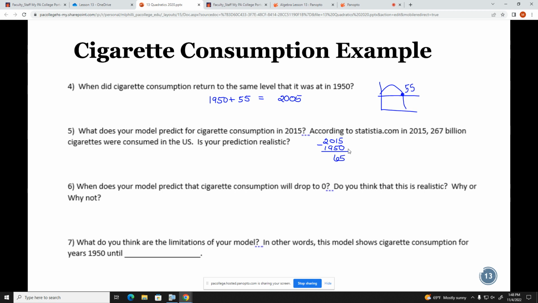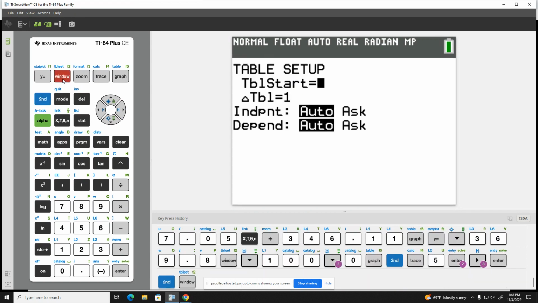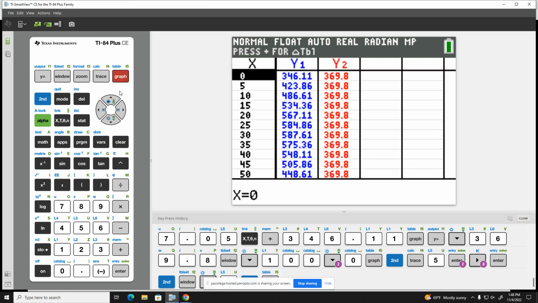So that's going to be on my calculator, and I'm going to go to my table. I'm going to go second window, start my table at 0, make it go up by 5, just like my data. Looking at my table, I'm looking for 65, so I do have to do a little scrolling here. And our prediction is 186.86 billion.